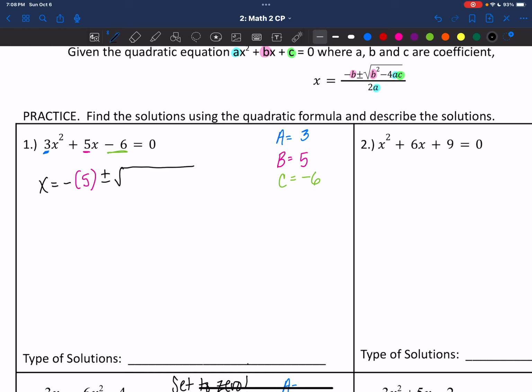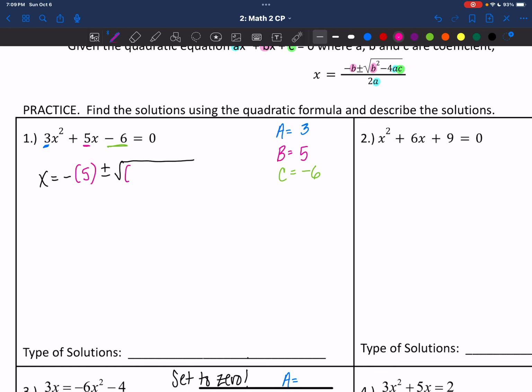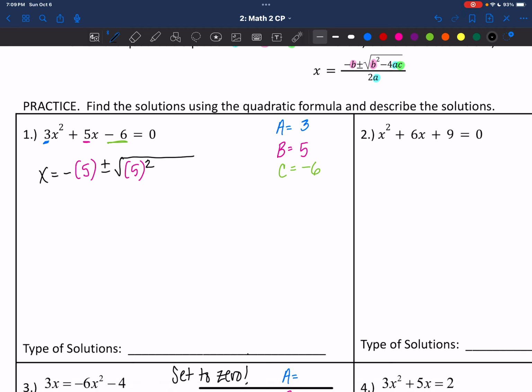So x is equal to negative b plus or minus the square root of b squared minus 4. And a is 3, c is negative 6, and it's all over 2a.